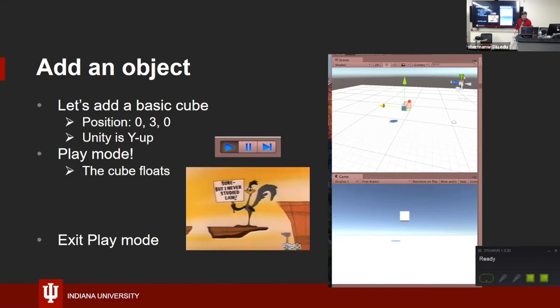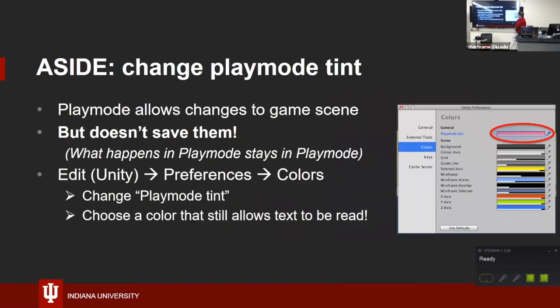And while we're talking about play mode, one of the very important things to do, I think, is know when you are in play mode versus editing mode. That's because when you're in play mode, you can still modify the world, but when you exit play mode, all the changes you made while in play mode don't stay.